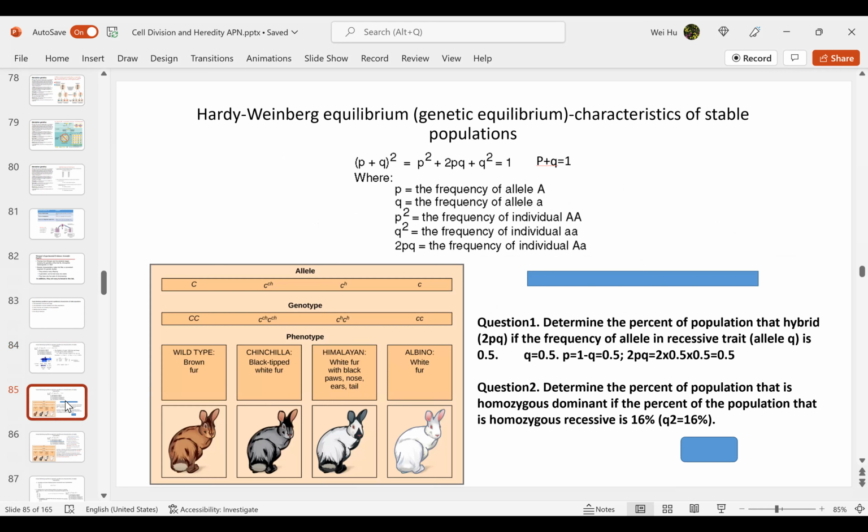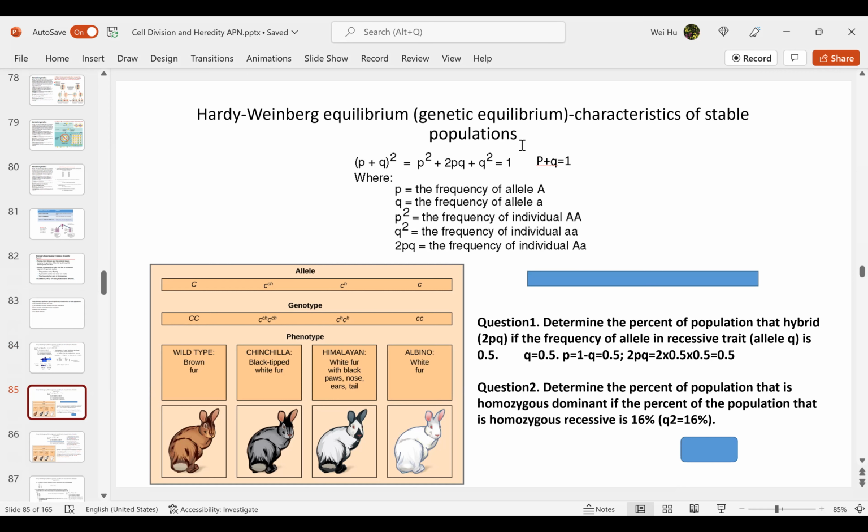So now let's try some examples. Question 1: determine the percent of the population that is hybrid, 2PQ, if the frequency of the recessive allele is 0.5. Let's go back to the equations. We have two equations.